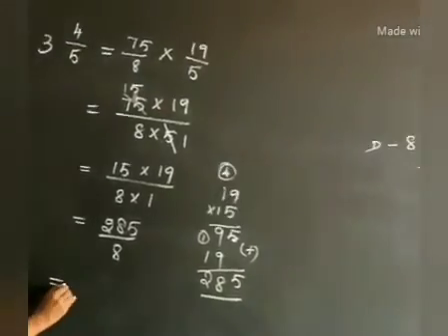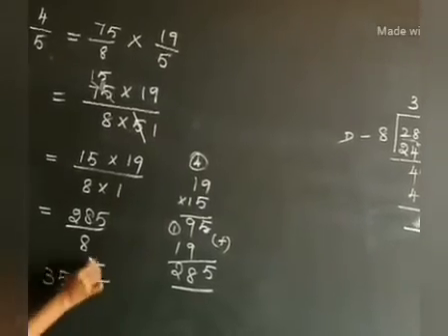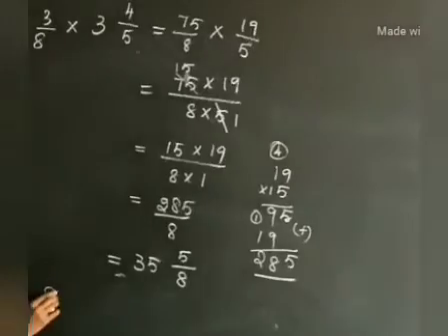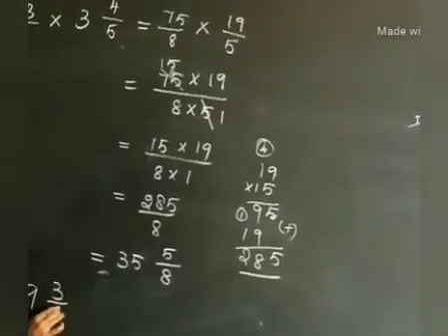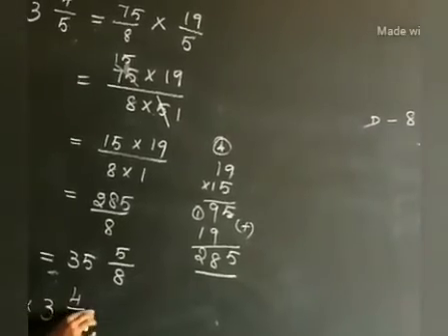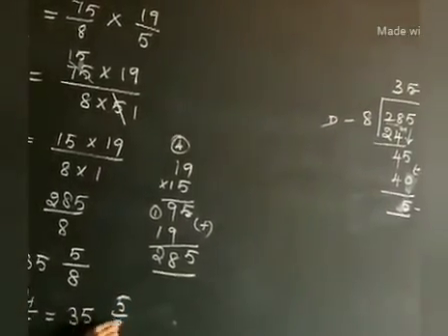So the whole number is 35, numerator is 5, denominator is 8. This is the answer. So 9 3/8 into 3 4/5 is equal to 35 5/8.